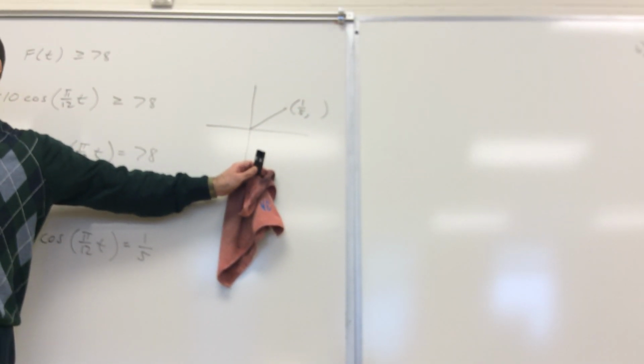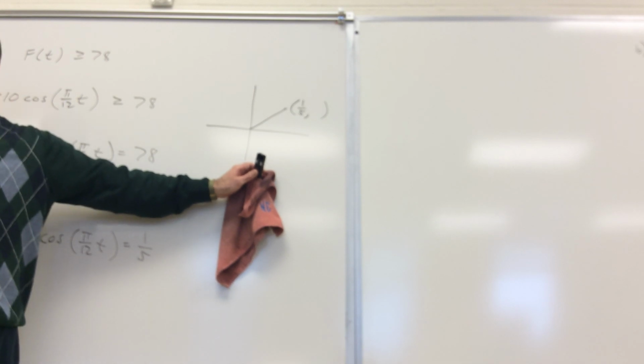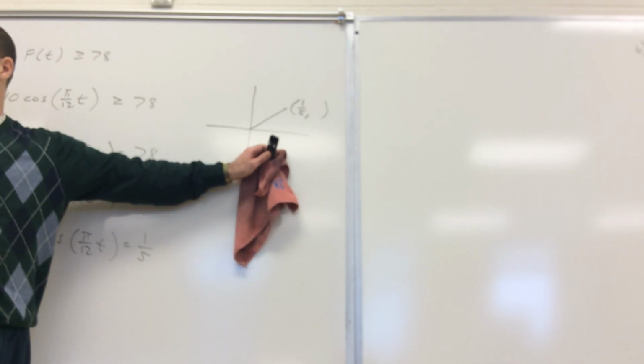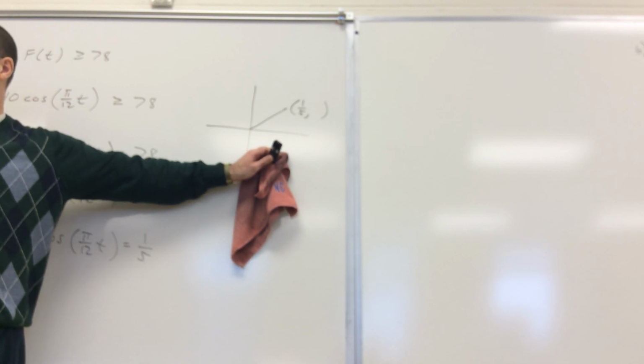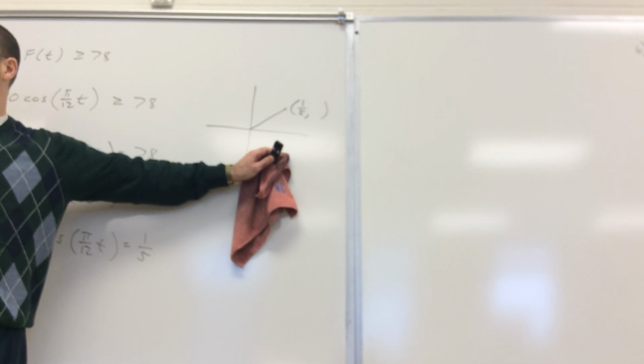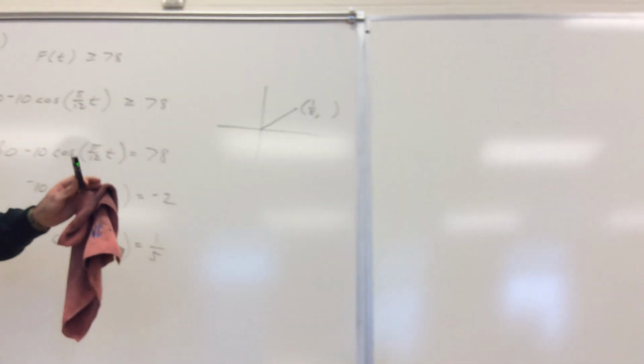None of our unit circle memorized points have that x value being 1/5. So that means this is a calculator active question. So we're looking for the angle that has a cosine of 1/5. So the way to find that is to do the inverse cosine of 1/5. So you just type in inverse cosine of 1/5.